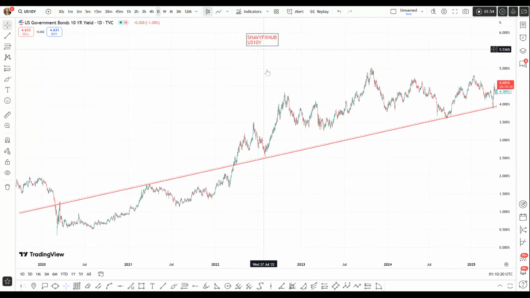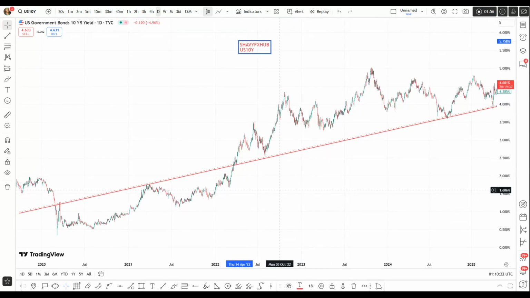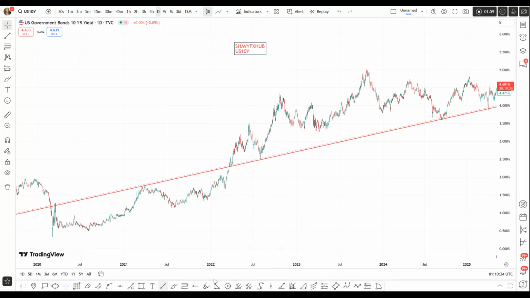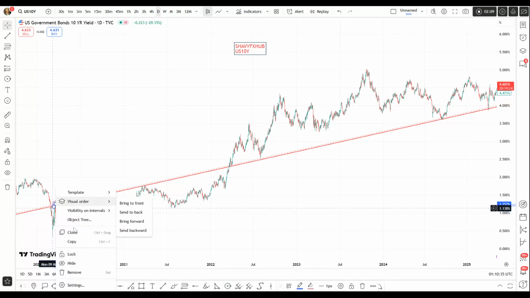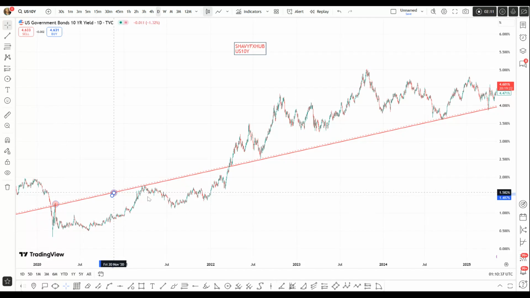One line rule, please. So we have here a strong supply roof from 2020. And the price came here to form another supply roof, making it an ascending trend line.